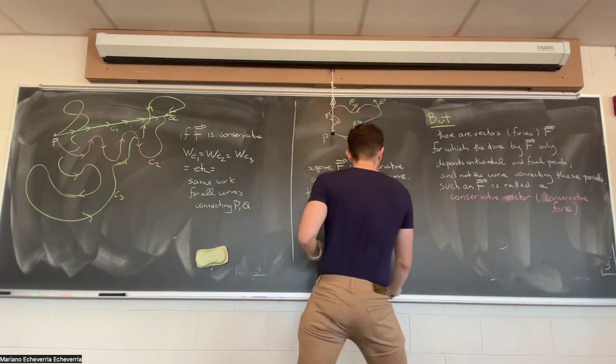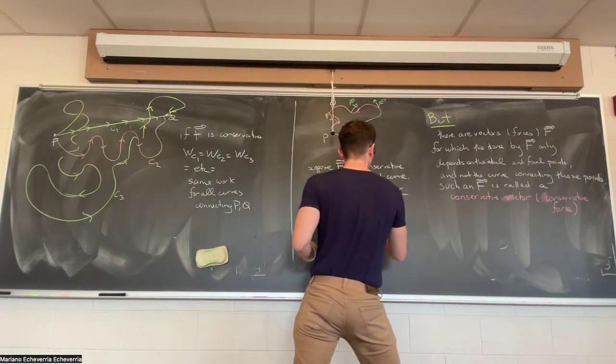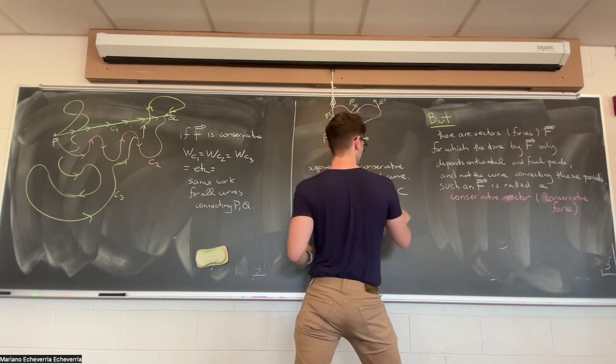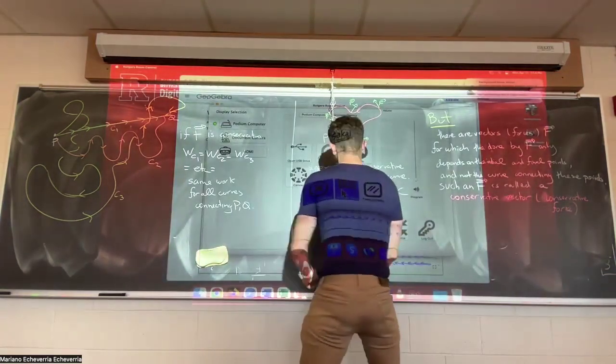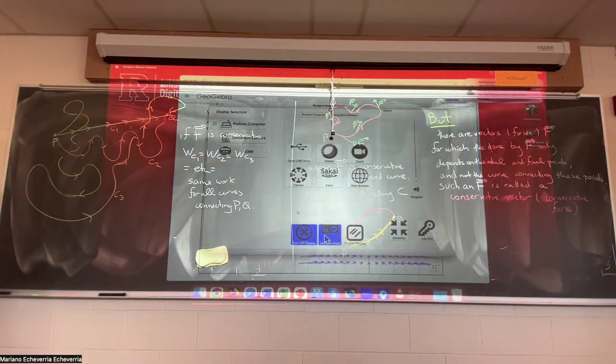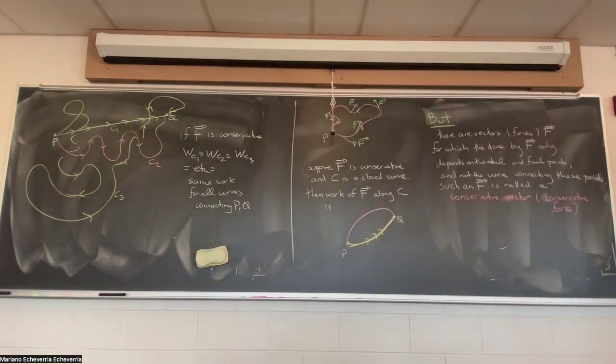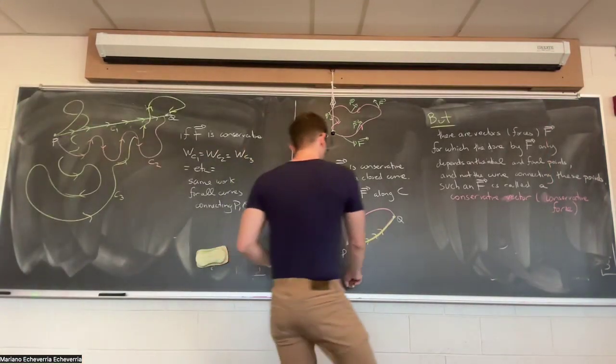What I have been saying is that if you go from P to Q along the first curve, which I'll put in yellow to distinguish them, let's call this curve one.